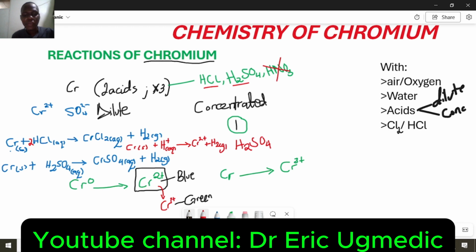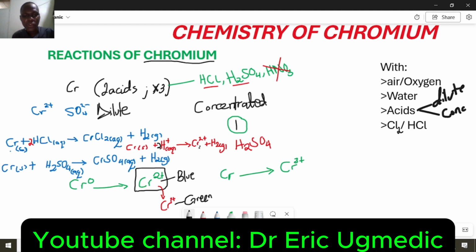So you can go on to balance this equation. You see that the hydrogen atoms are 2 on one side and here I have 1, so I put a 2. If I put a 2, everything balances. 2 hydrogens, 2 hydrogens. The charge plus 2, plus 2. Chromium 1, and that's well balanced.